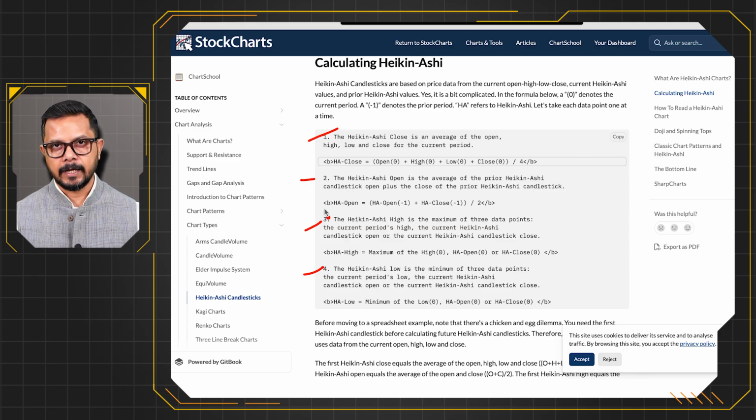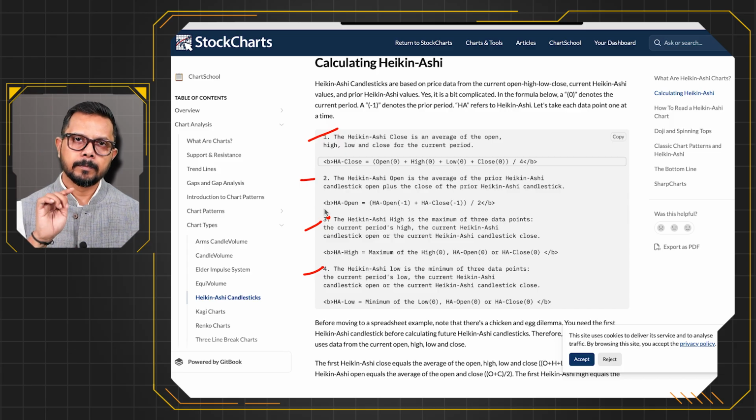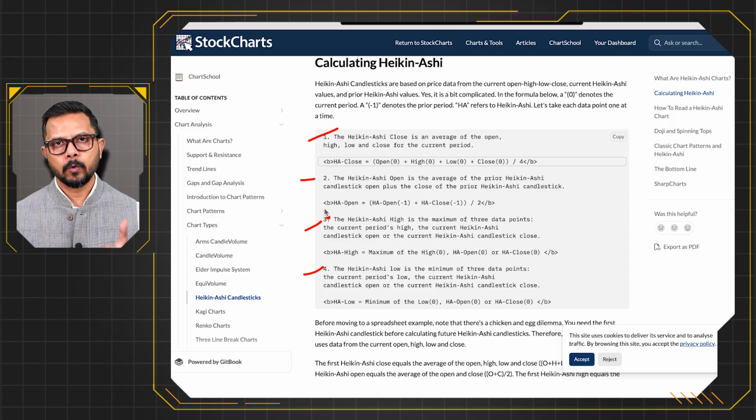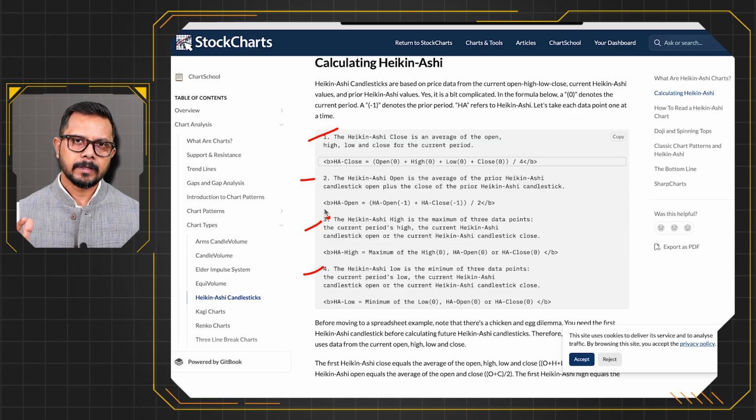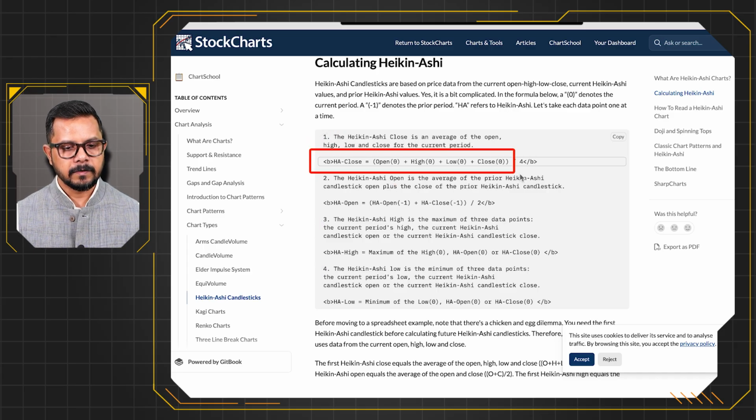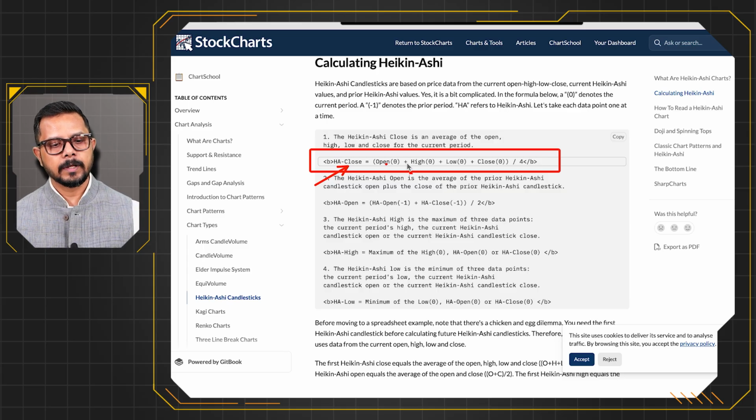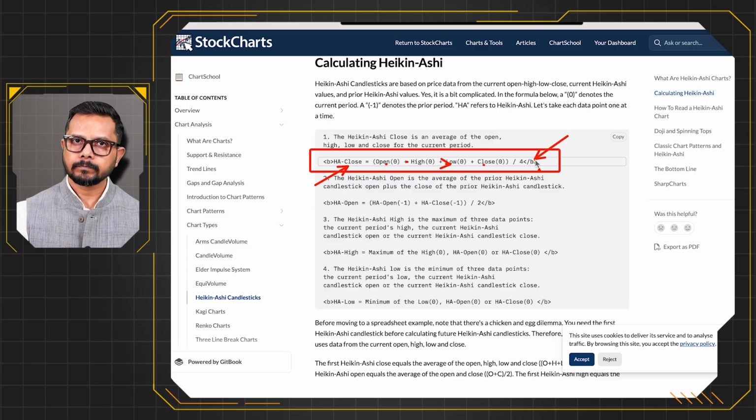Now see, a typical Japanese candle will have open, high, low, and close. And so a Heikin Ashi candle also has an open, high, low, and close, but their formulas are different. The very obvious one is the Heikin Ashi close, as you can see on my screen. The Heikin Ashi close is the average of open, high, low, close, divided by 4.